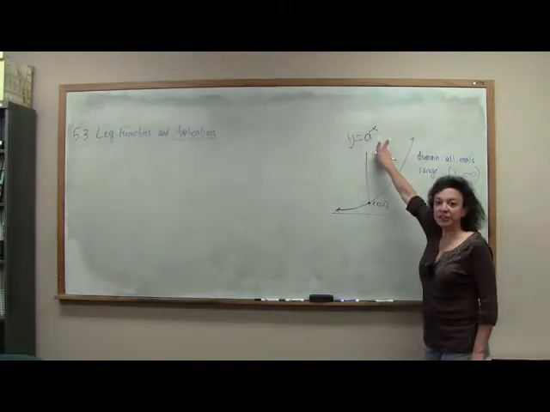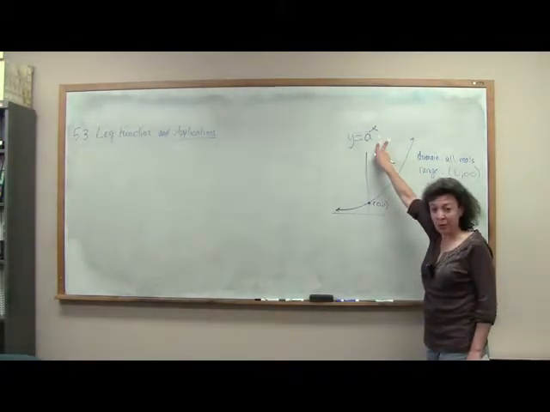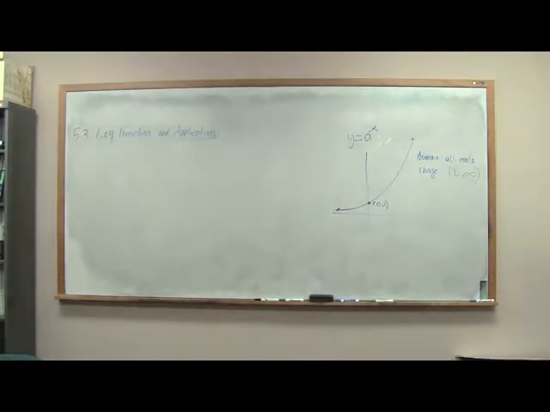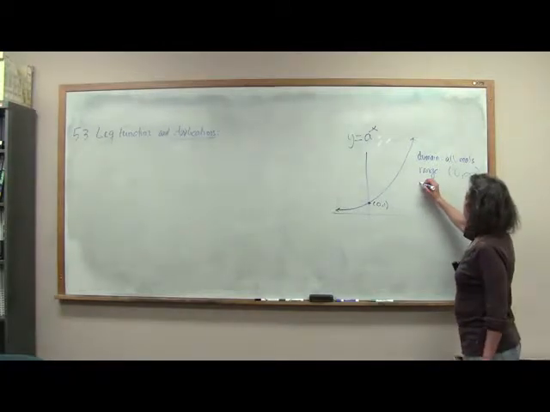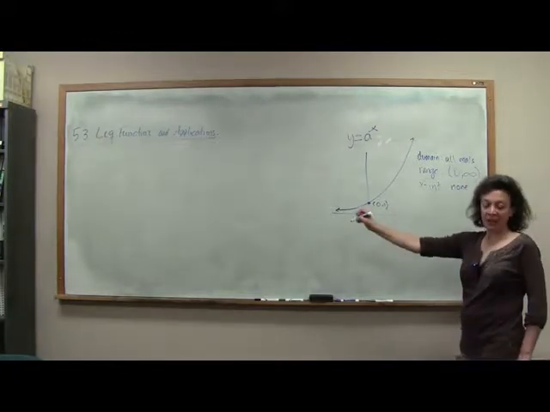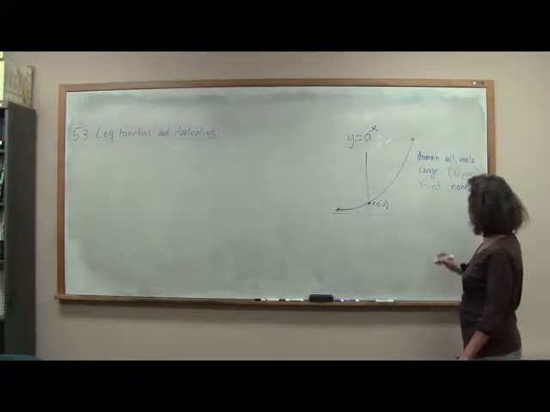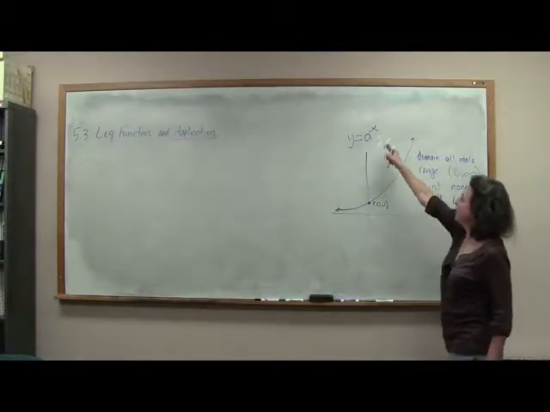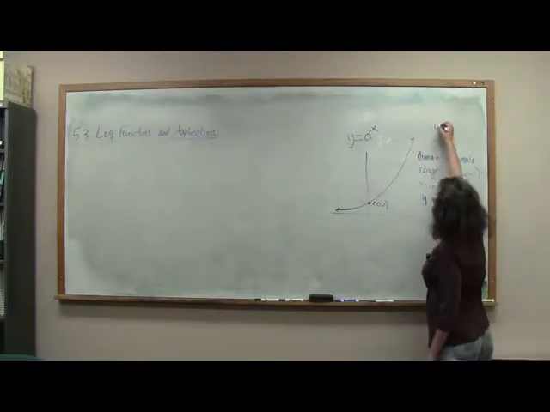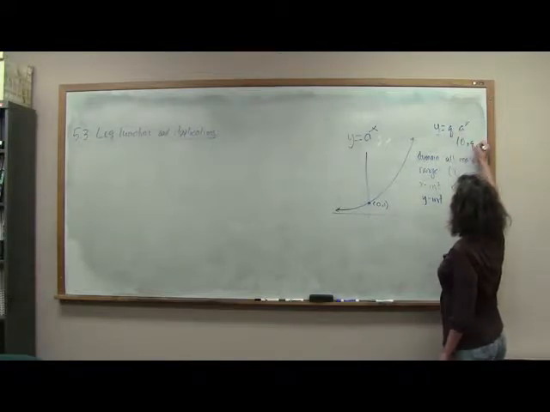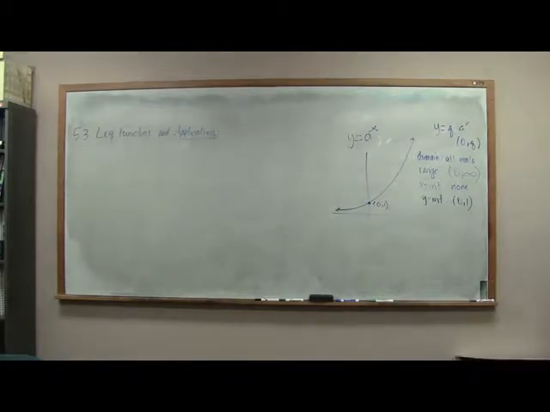Notice an exponential function is never actually equal to 0. It just gets super close to 0 as our x values get small. There is no x-intercept. This graph never touches or crosses our x-axis. We have a y-intercept of (0, 1) when we have a general exponential like this. If I had, say, y equals q times a to the x, then our y-intercept would be (0, q).